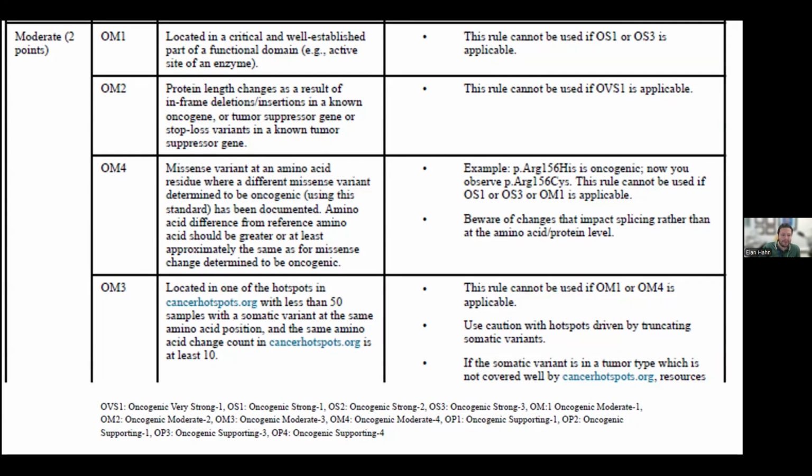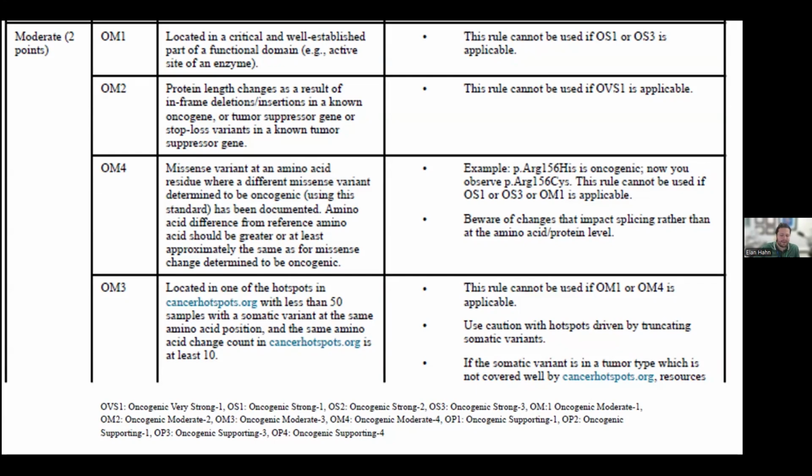So this is important to note that it's really when the difference in the amino acid is greater or at least similar to the one that's documented as oncogenic. And that's important because you don't want potential misuse of this criterion in cases where the substitution is actually for an amino acid with a very similar physical chemical property.